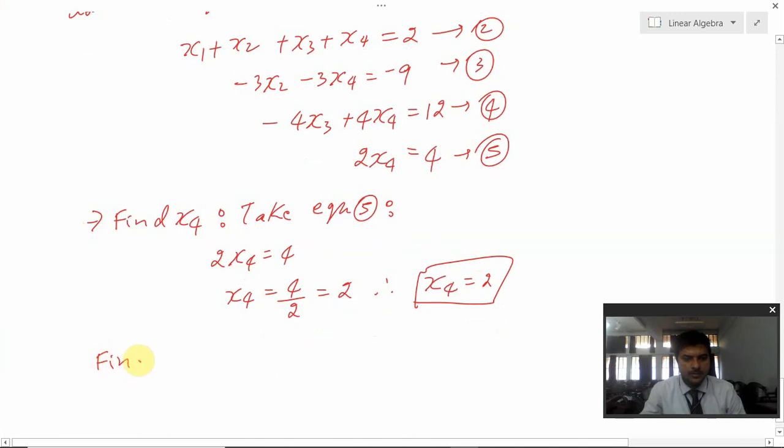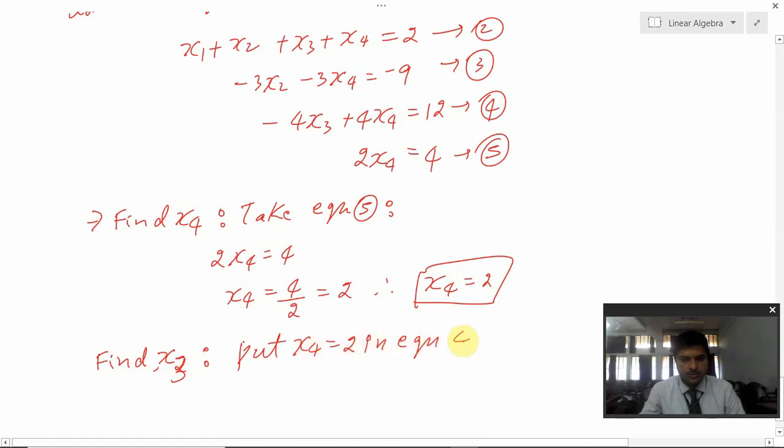Next, find x2 I will find. Okay, no problem. x2 you can find, or back substitution you can find x3. So put x4 is equal to 2 in equation.